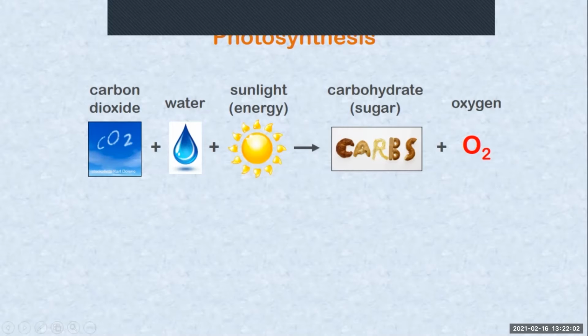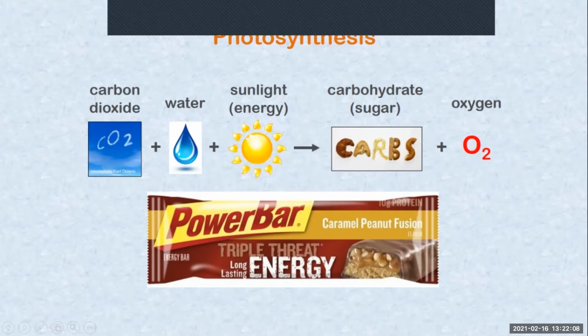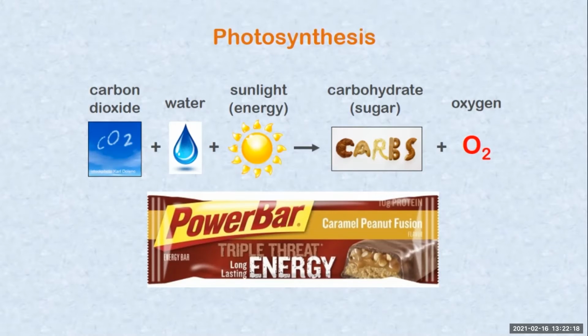That's your photosynthesis reaction. And what you're getting out of this, carbs, is energy for the plant. So carbs are good. We think of carbs as maybe not being good because we're all on low carb diets. Well, carbs are good. Sugar is good for the plant. It means energy for the plant.